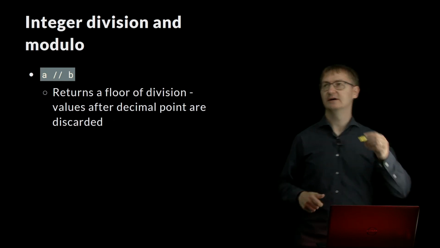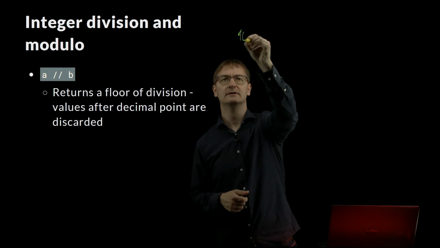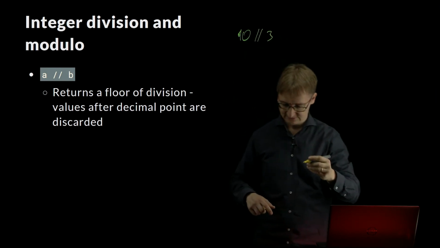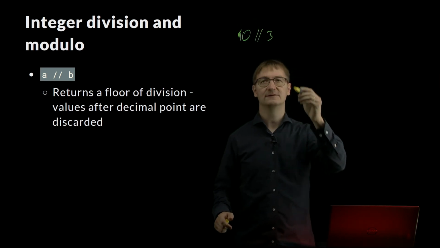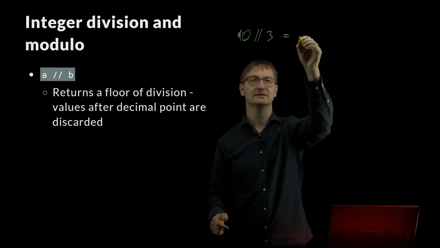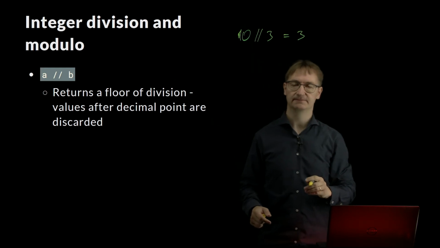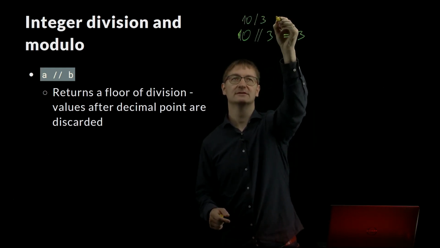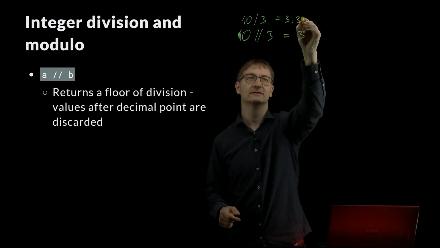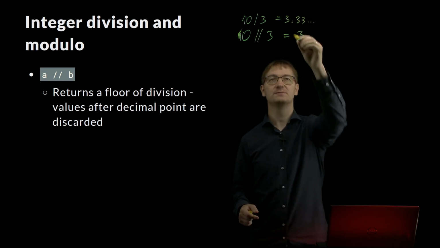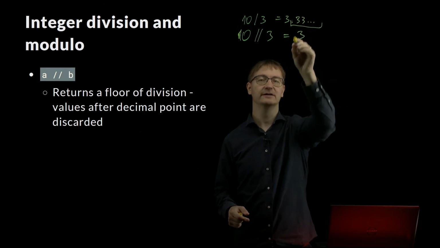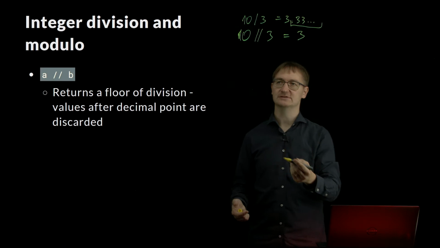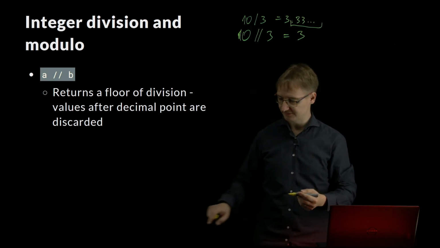For example, if I have 10 integer divided by 3, the result is just 3. The usual division would give us 3.3 and so on, but now this part is taken away and I get only the integer part. So that's the point of integer division. We only have the integer part.